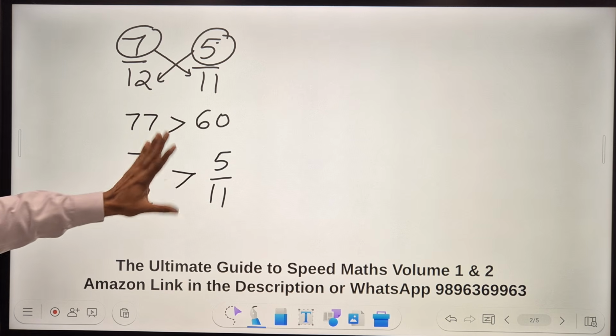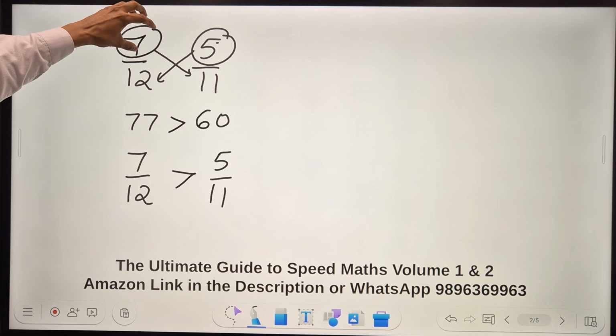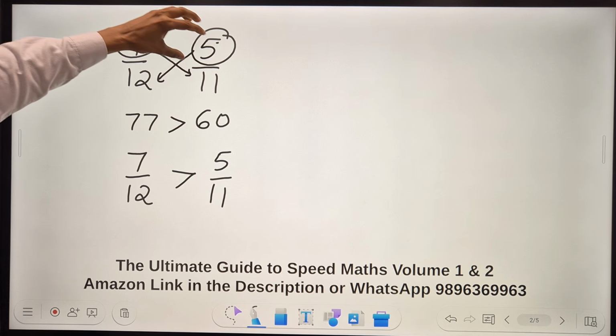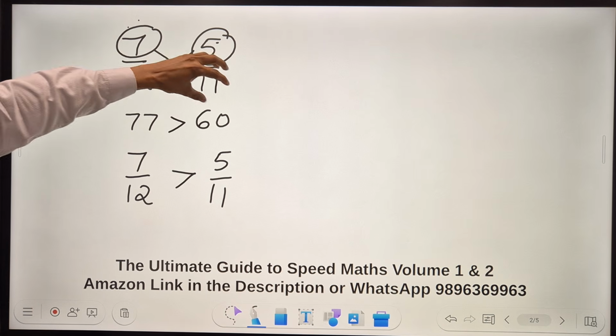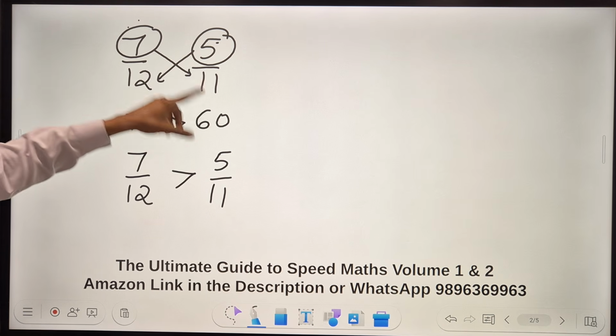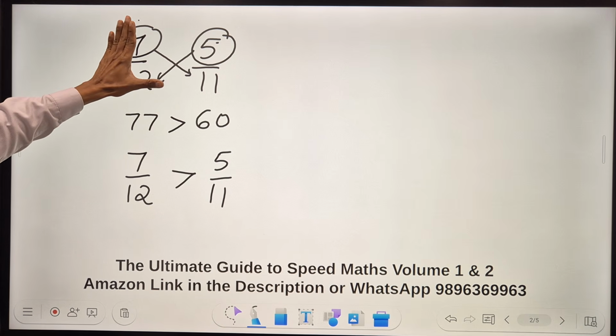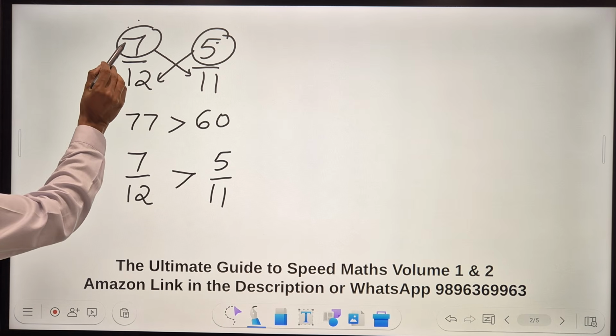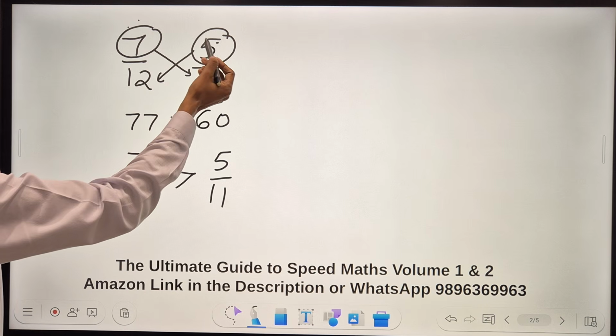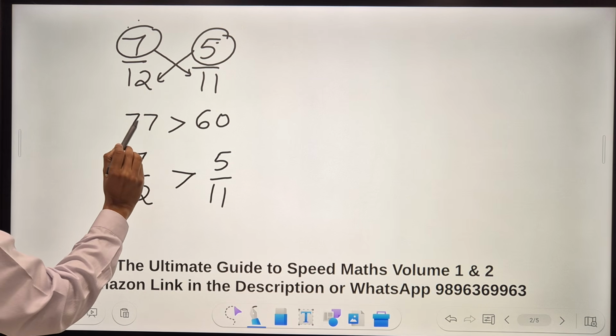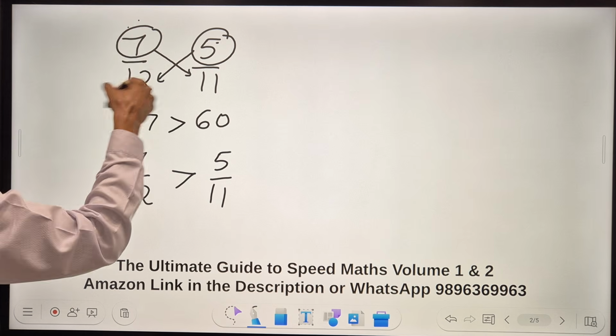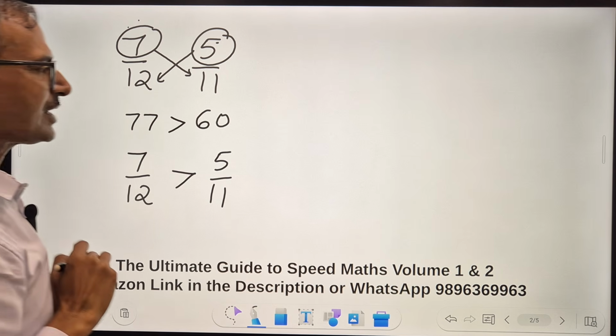See, no LCM, nothing. The numerator which gives a larger cross product will have the larger fraction. So 7 gives a larger product, 77, as compared to 5 which gives 60. So 77 is obtained from 7, so 7 upon 12 is the larger fraction.